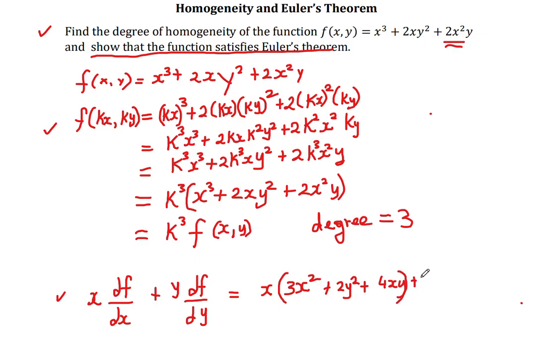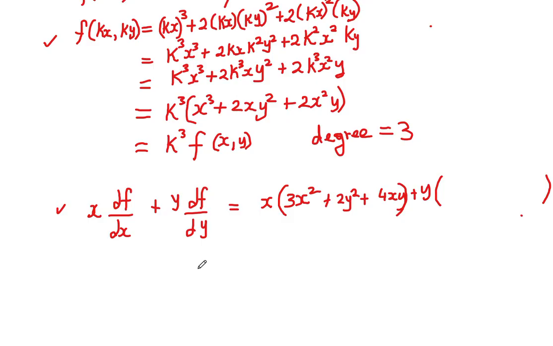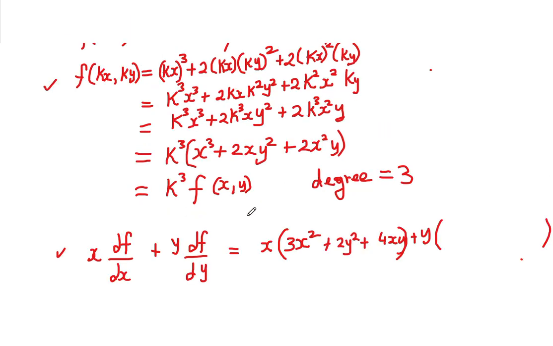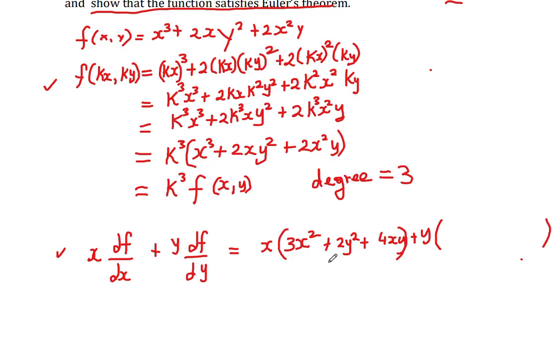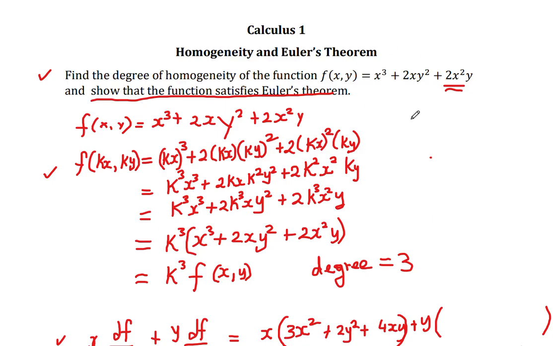Now we're going to say plus y multiplied by, and what we're going to do now, because this is what Euler's theorem states, is that if we are able to differentiate this function, x multiplied by the derivative with respect to x, plus y multiplied by the derivative with respect to y, and this implicit function satisfies Euler's theorem, then when we simplify this, we will get the degree of the implicit function multiplied by the original function itself.